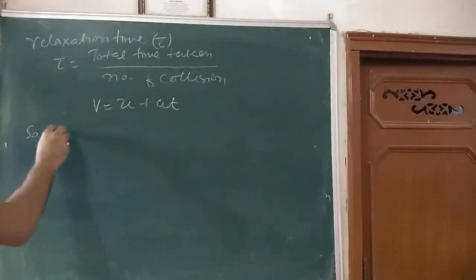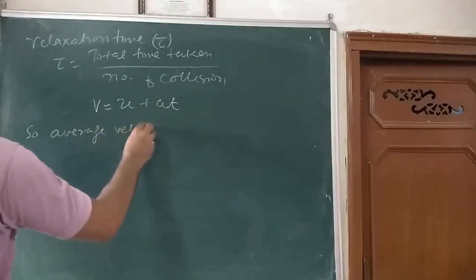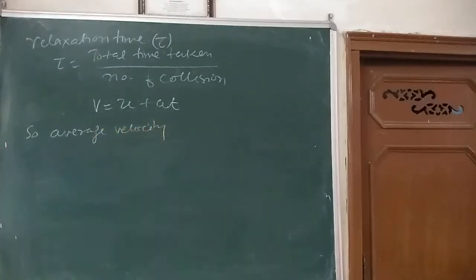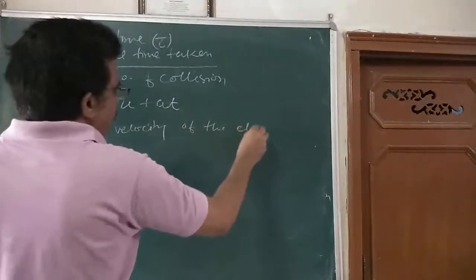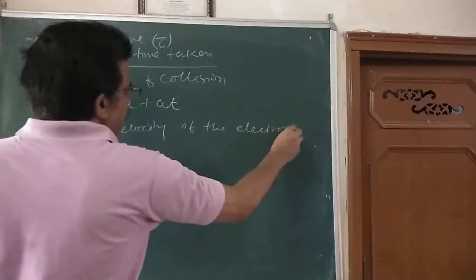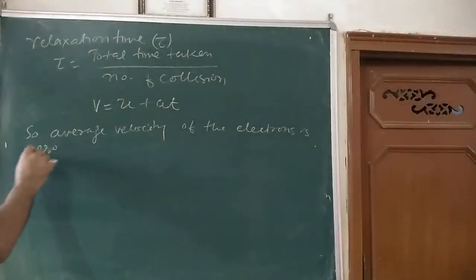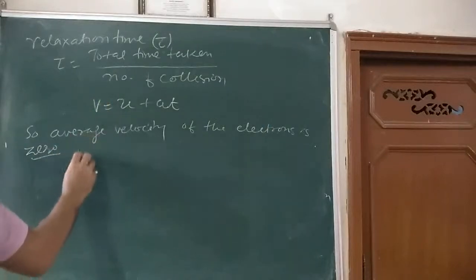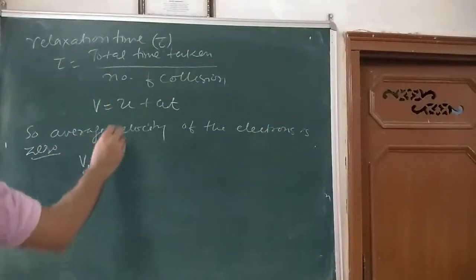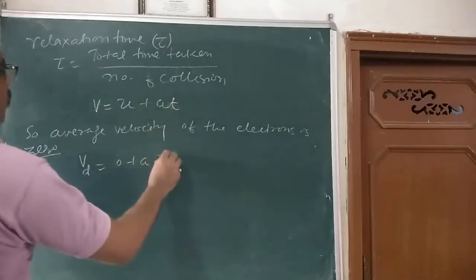So the average velocity of the electrons is zero, because they are moving in any direction. All will cancel out. So I can write v, here the drift velocity, initial velocity here is zero, acceleration is a and time is tau.